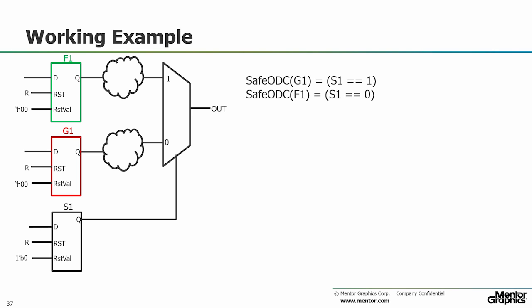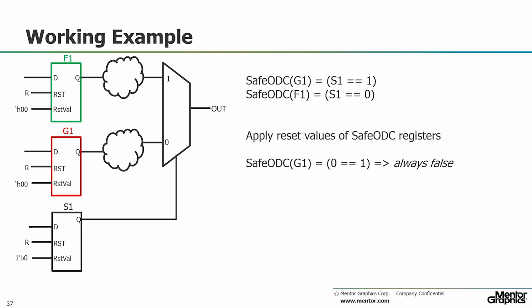Now let's apply the reset value of the registers in the safe ODC conditions. For the register G1, if we apply the reset value 0 in the safe ODC condition, it would result in always false. This means that the reset value of the register G1 is visible at the design output and it cannot be removed. Hence, the reset of the register G1 is not redundant.